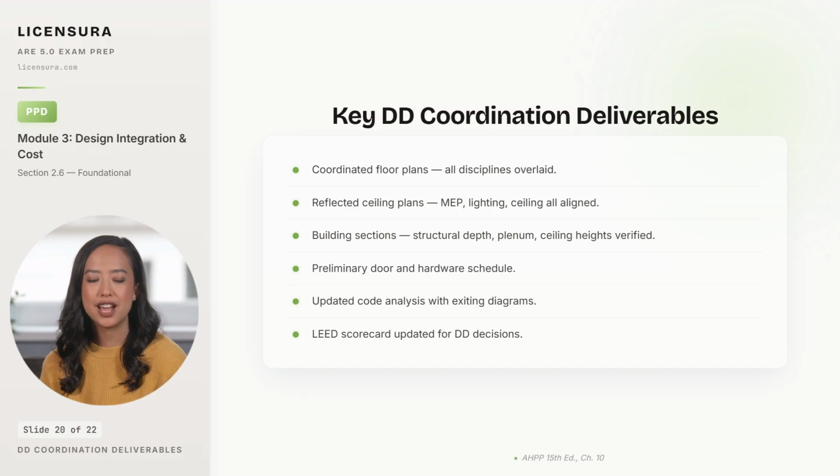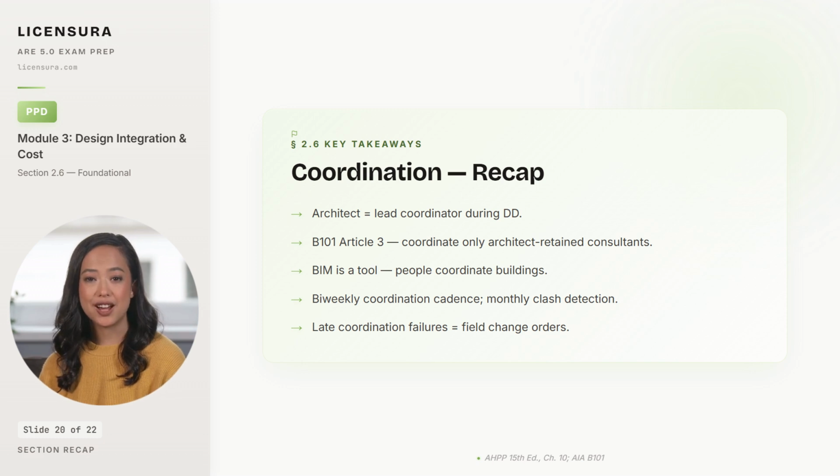Walk away with these 4 takeaways and the coordination questions on the exam resolve cleanly. 4 takeaways on interdisciplinary coordination during DD. The architect is the lead coordinator during design development, not the project manager, not the contractor, not the owner.